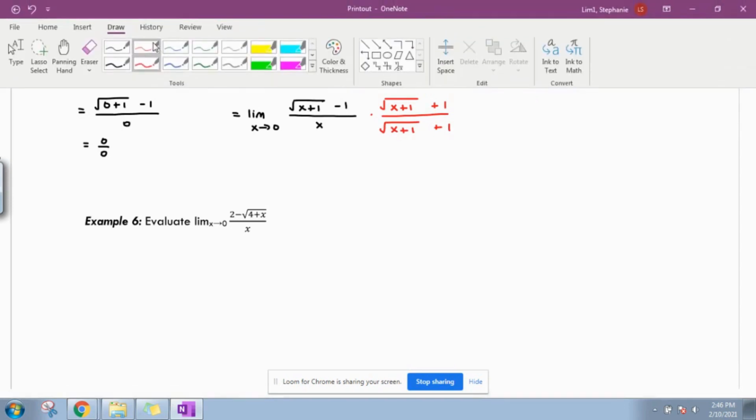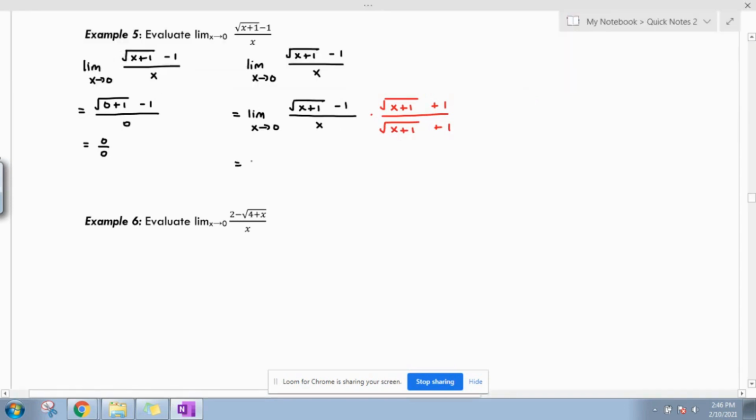So once I do that, I'm going to simplify my numerator and my denominator now. At the top, I'm going to get (square root of (x + 1)) squared minus 1 squared, all over x times (square root of (x + 1) plus 1).